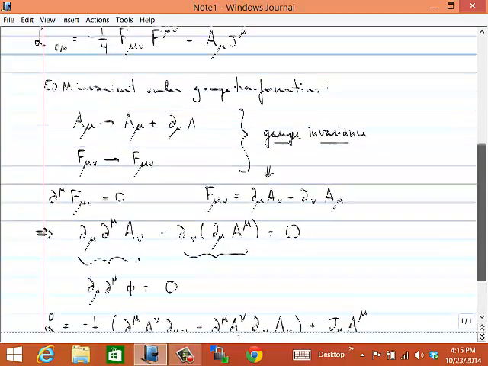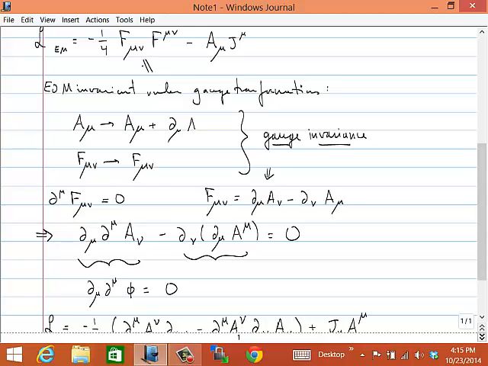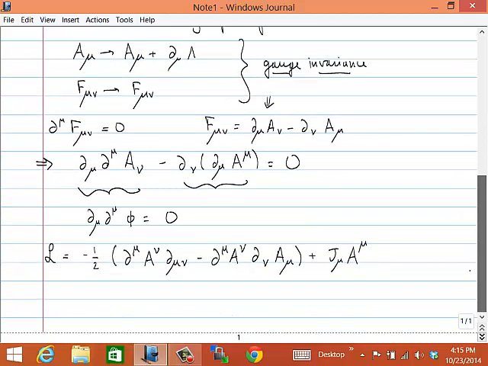All I've done here is I've inserted the definition of A into F, and I've combined some terms which turns that 1/4 into a 1/2 there. Okay. But the first thing that you'll notice if you look at this is that this Lagrangian doesn't contain the time derivative of A0.